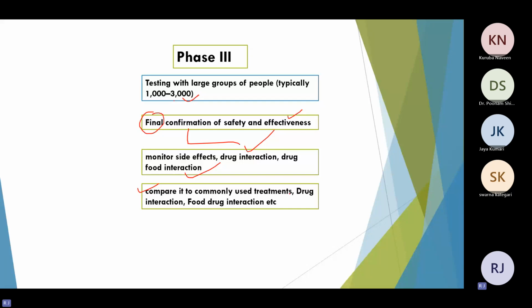And we are testing our drug, so we have to determine whether our drug is good compared to the already existing treatment or not. That kind of comparison with respect to the standard treatment which is available in the market, that comparison is also done in phase 3.